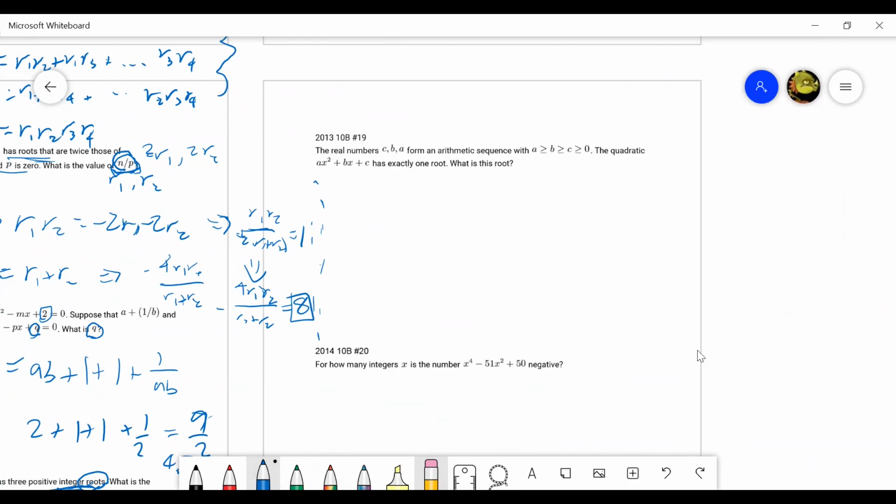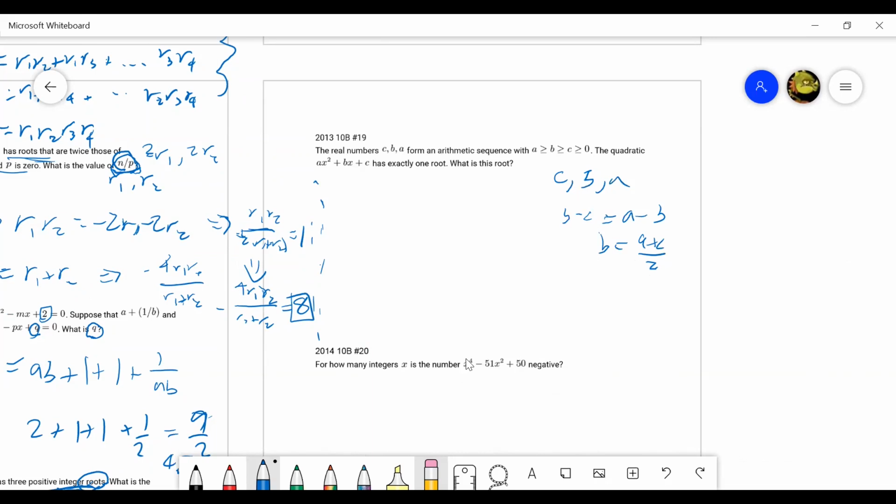But what you need to know is that by arithmetic, it just means the difference between consecutive terms is the same. So this just means b minus c equals a minus b. Or as you'll more often see it, b equals a plus c over 2. So that's really all that this arithmetic sequence information tells you.